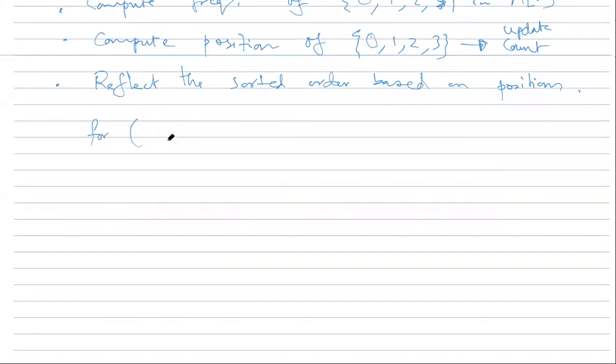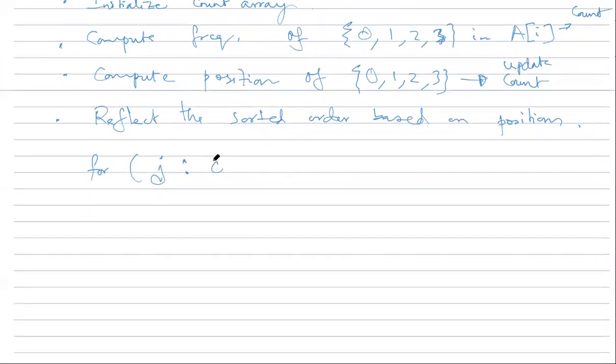So first is the for j going from 0 to k, so 0 to k minus 1, because we are storing 0, 1, 2, and 3 in this example. And we say count of j is equal to 0.